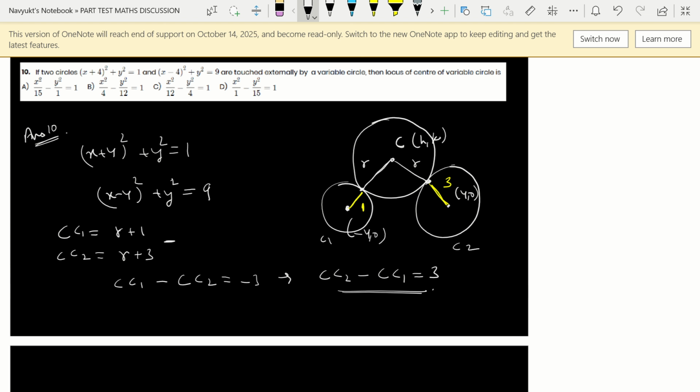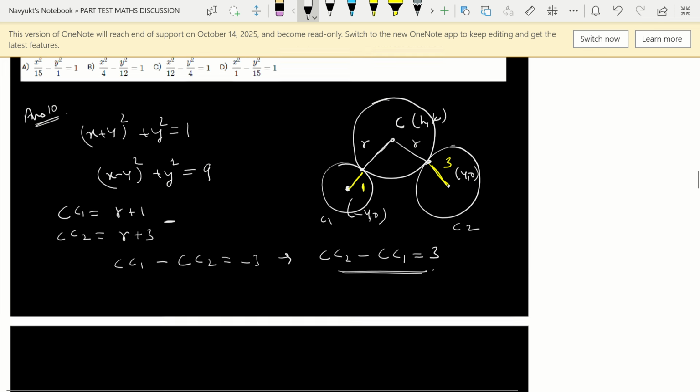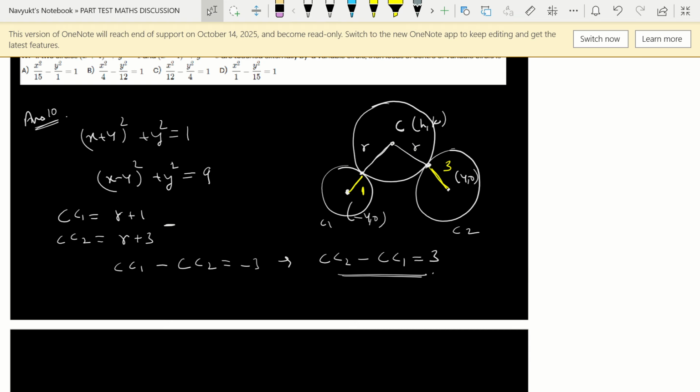Now if we have studied conics, a variable point P, its distance from a fixed point S1 minus its distance from a fixed point S2 is a constant k, then this is what? The equation of a hyperbola, correct.